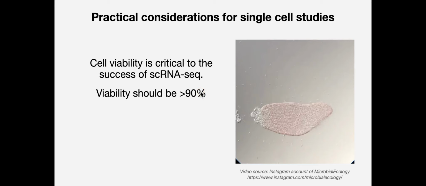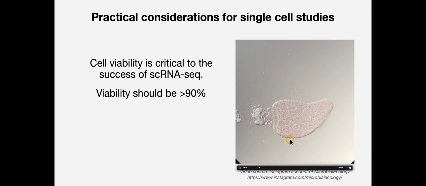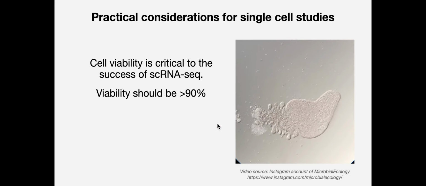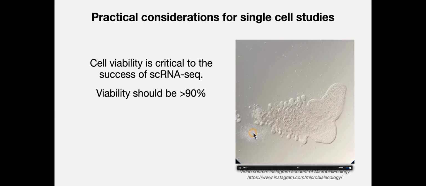Why is cell viability so critical? To illustrate that, I'll use this wonderful video from the Microbial Ecology Instagram account that shows a protozoan cell dying, just to illustrate that when cells die, they spill out their contents everywhere. We can see stuff spilling out here, stuff spilling out down here, and up here. Okay?